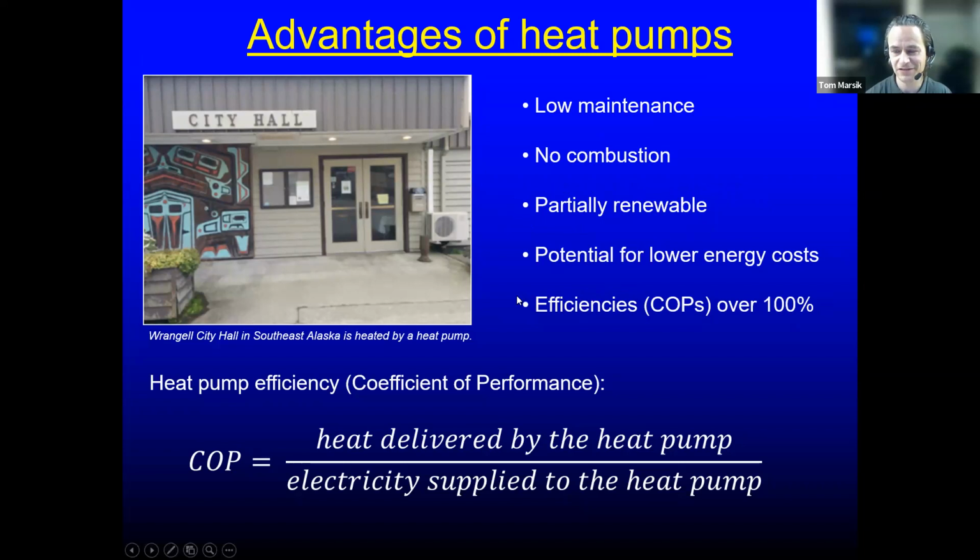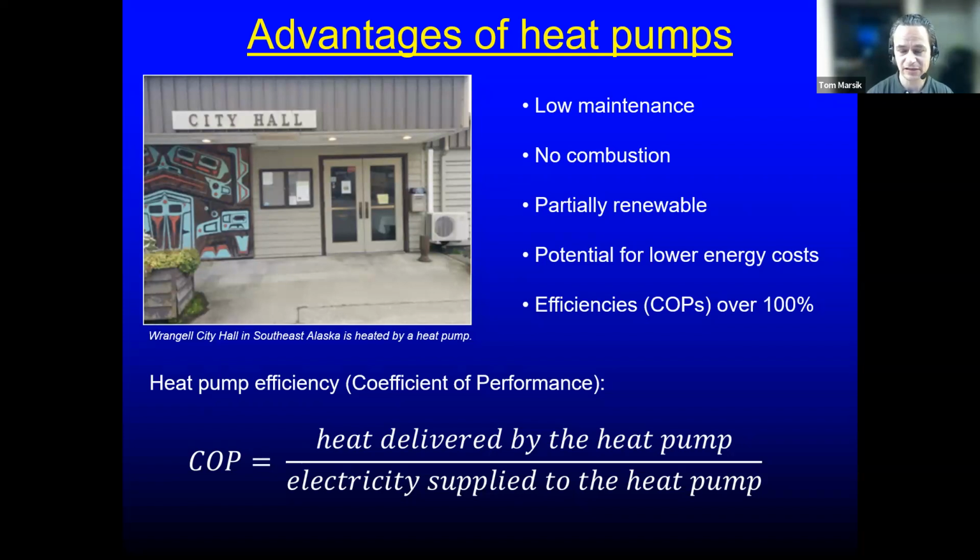That's why we don't really call it efficiency, we call it the coefficient of performance. Now, how is it possible that it's greater than 100%? It's because the laws of physics tell us that energy can be neither created nor destroyed. So the energy that we put into the heat pump in the form of electricity ends up in the building in the form of heat.